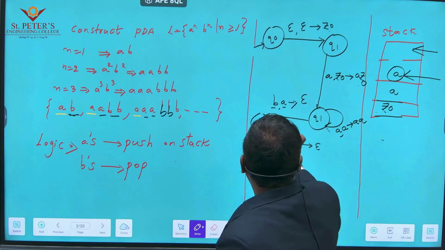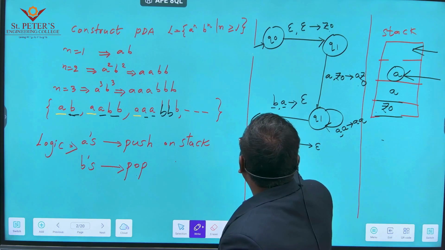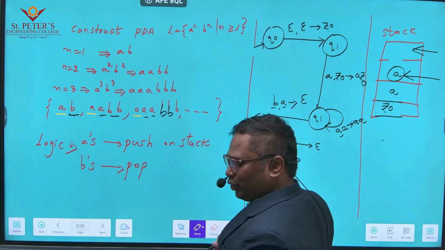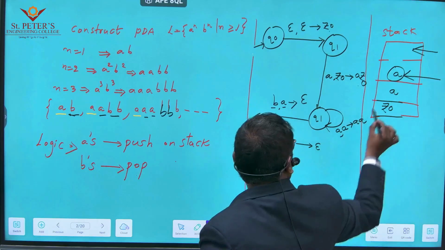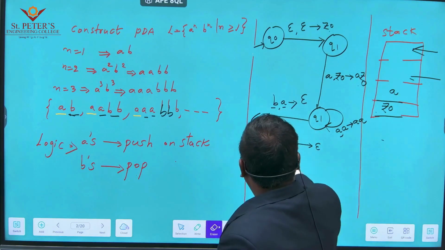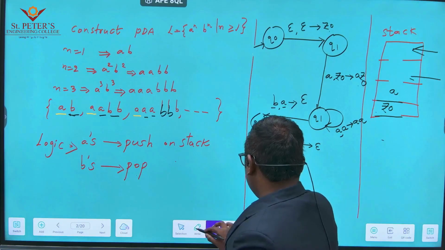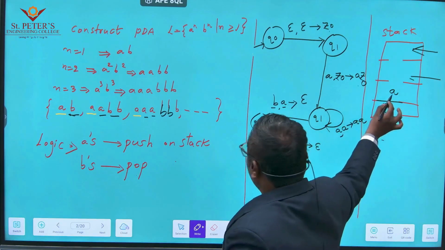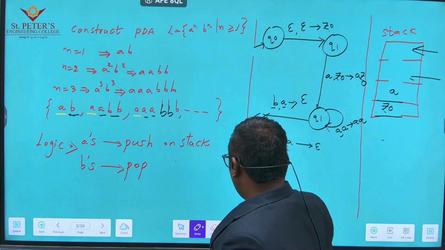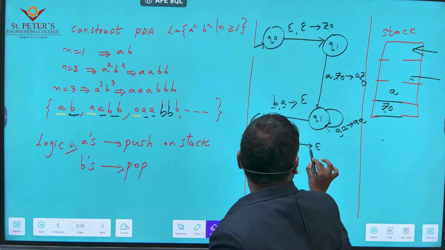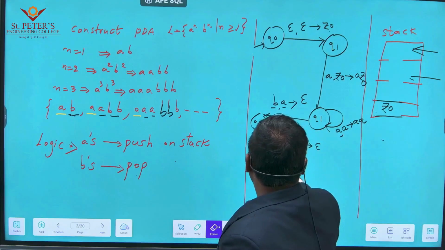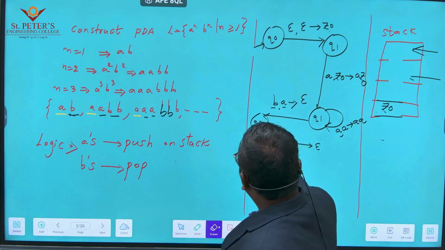For the second B also I am going to pop that A from the top of stack. Again, when the third B is encountered, on the top of stack there is A, so again this A will be popped out. This is the logic here. Still you are at Q2 only.